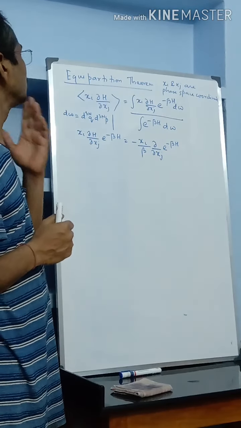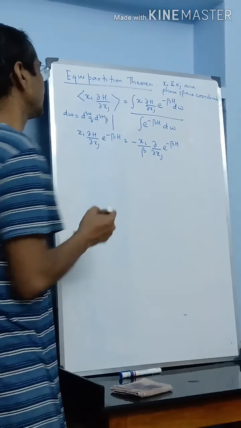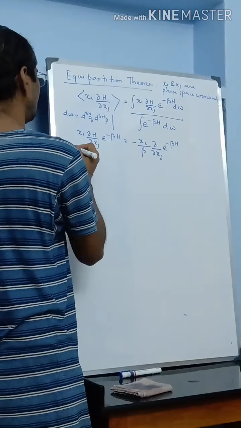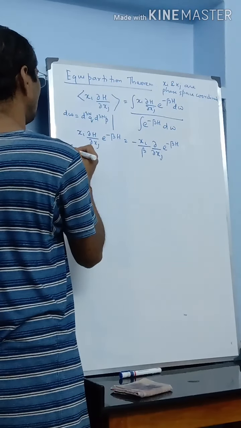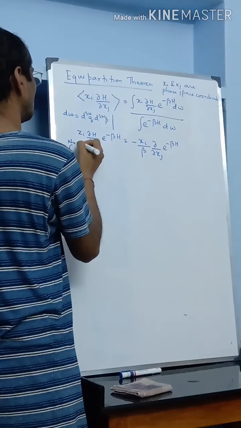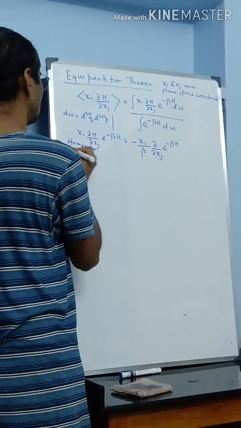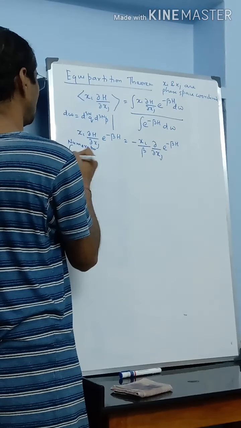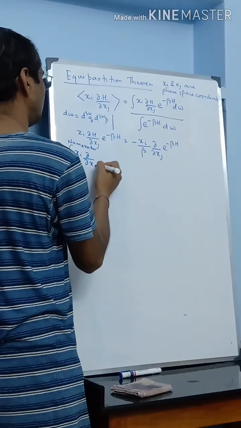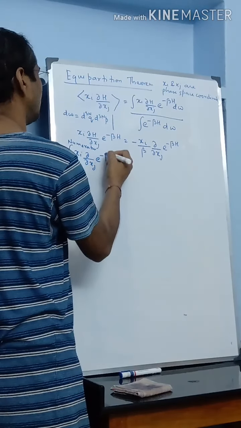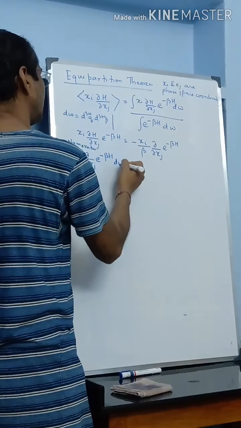So if we substitute this in the numerator, the numerator is equal to minus 1 by beta, xi del of e to the power minus beta H by del xj, and d omega.